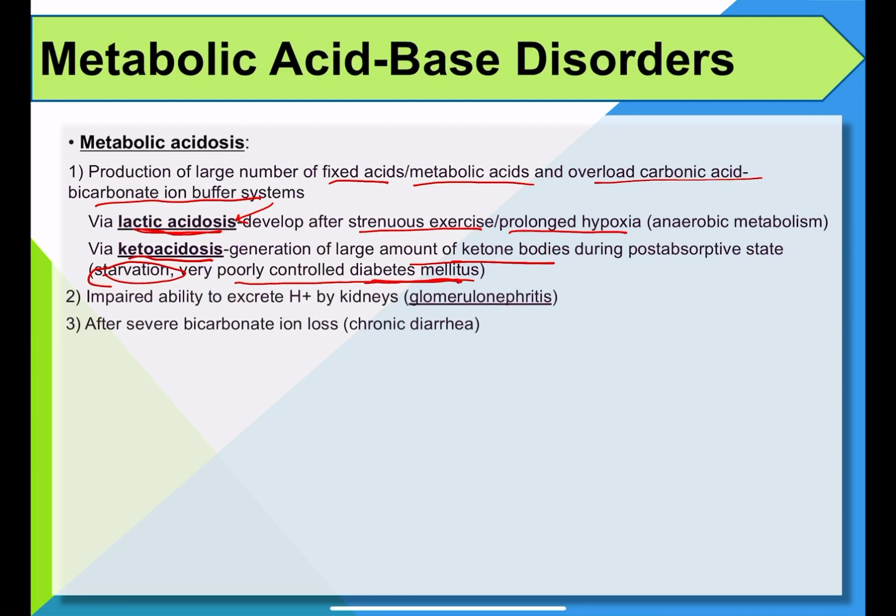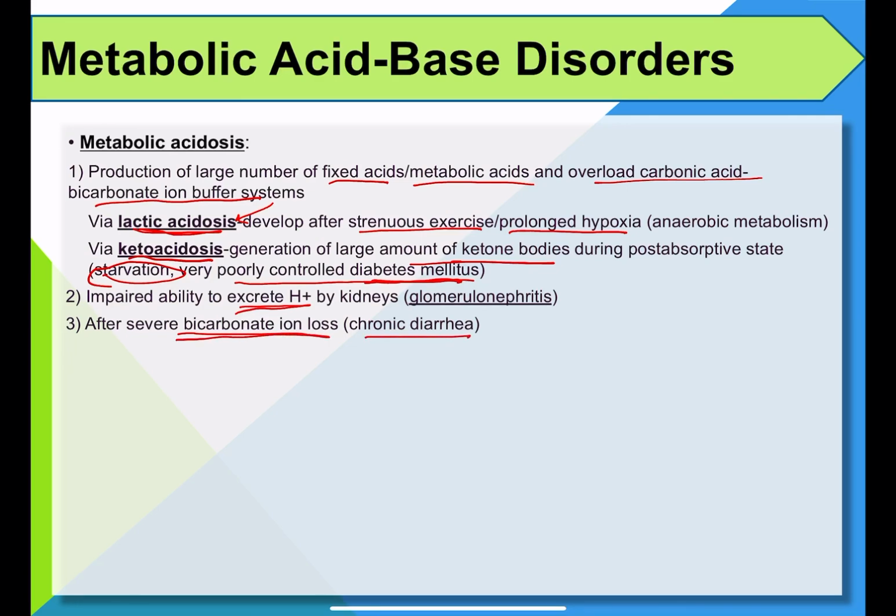Now, other causes can be something called glomerulonephritis. Glomerulonephritis has to do with the inability of your kidney to secrete hydrogen ions. Something's going wrong where your glomerulus or your nephrons are not working properly. You're not secreting enough hydrogen ions, so that can lead to a buildup of acids in the body, or severe bicarbonate ion loss due to chronic diarrhea.